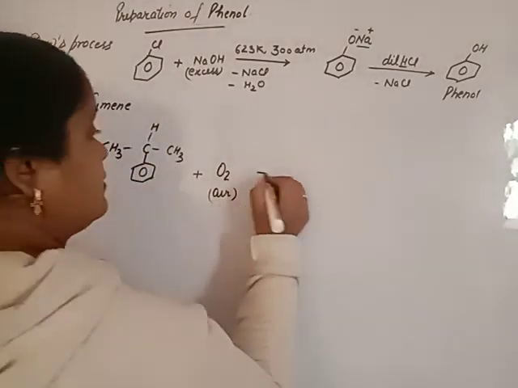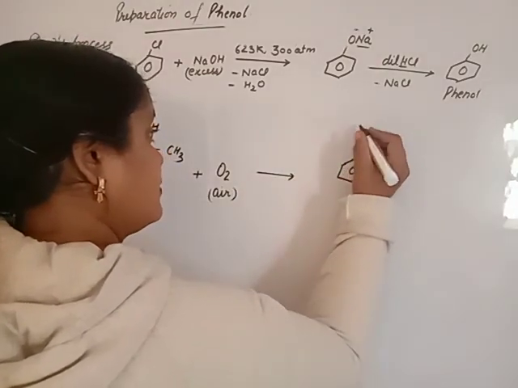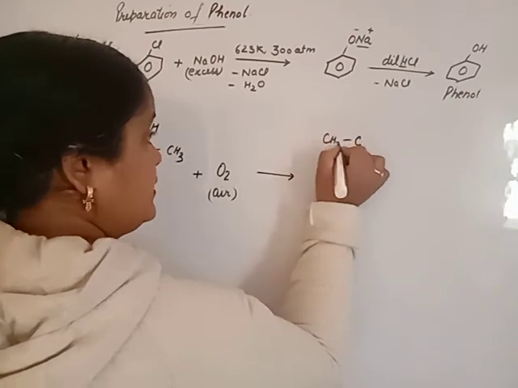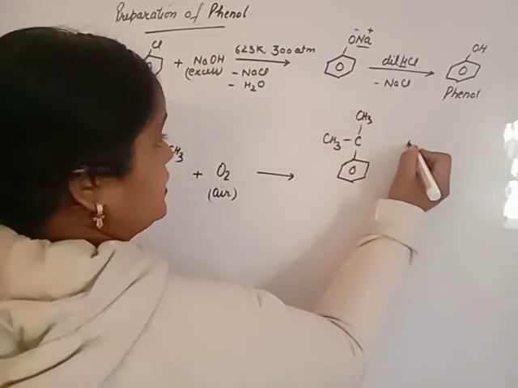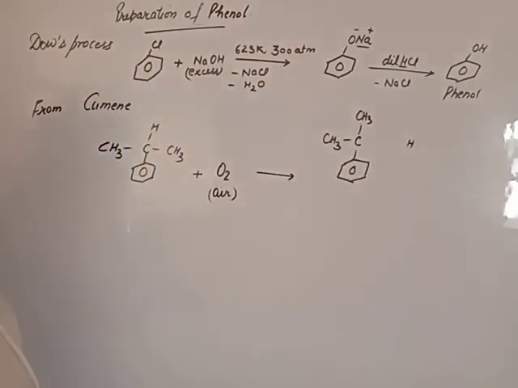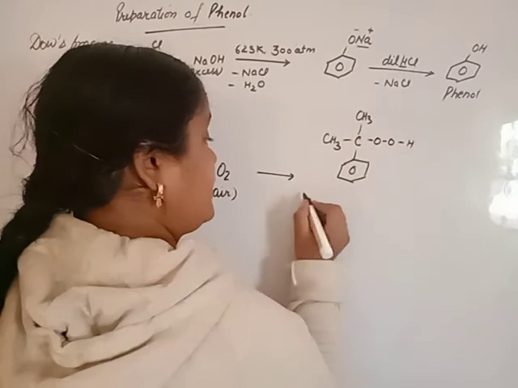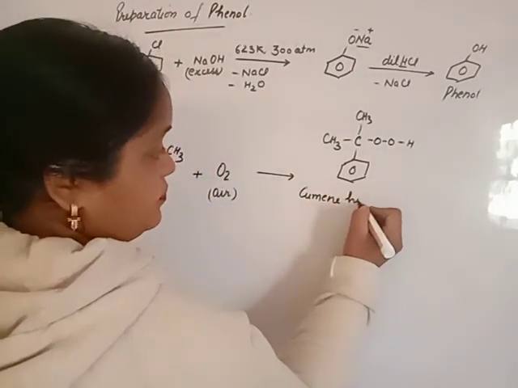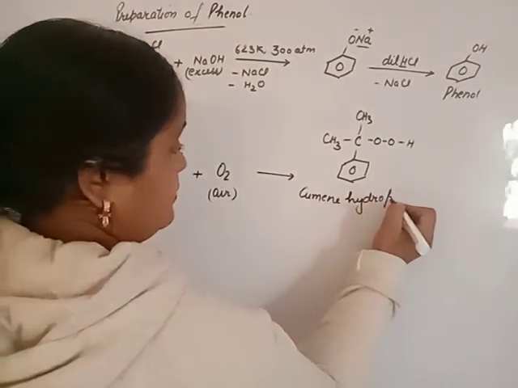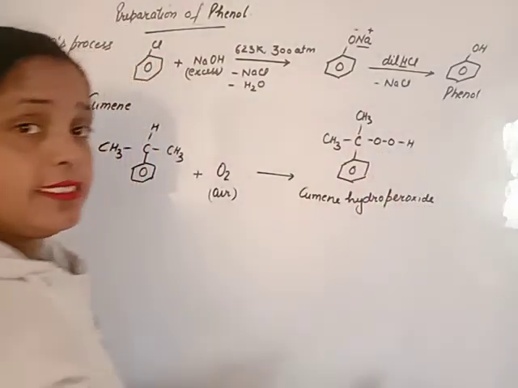This bond will be broken. The other bonds are strong; the carbon-carbon bond is again a strong bond. Only the weak bond is the carbon-hydrogen bond. This bond will be broken down and oxygen will be added in its place, and we will get cumene hydroperoxide. Because of the oxygen-oxygen single bond, it is hydroperoxide.